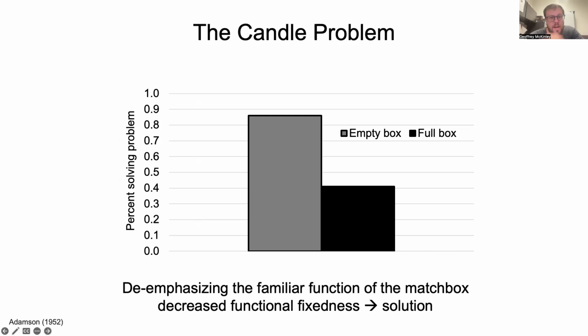At first, the matchbox was not considered part of the solution, but by de-emphasizing the matchbox as something that held the matches, people were more likely to see it as part of the solution. So this illustrates not only a failure of restructuring, but how restructuring can help you get out of functional fixedness and be more likely to solve the problem.